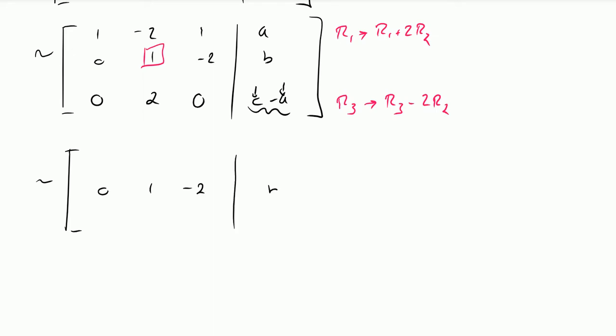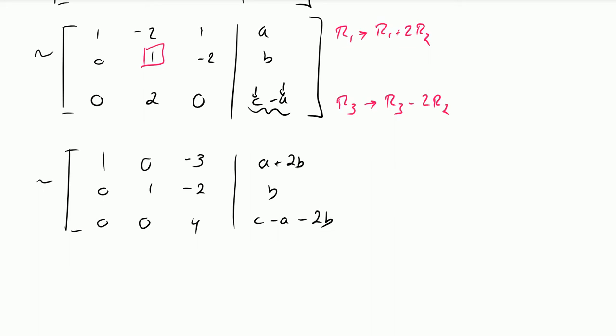I get B, and then I get 0, 0, then I get 4, and then I get C minus A minus 2B, and on top I'll get 1, 0, then 1, so this is minus 3, and this is A plus 2B.